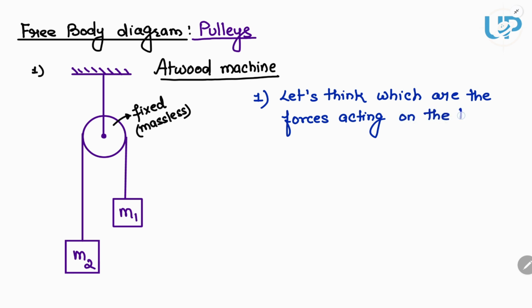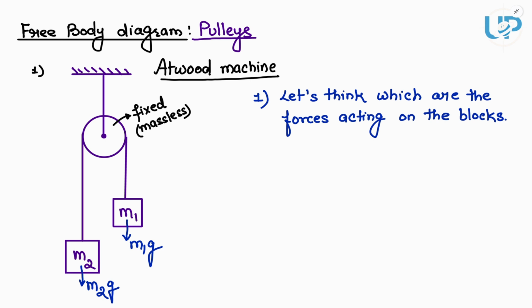So beta, you can easily remember that if the block is hanging in midair or is placed somewhere, there will be a gravitational force acting on the blocks. So the first thing which will come into our mind is the gravitational force acting on both the blocks, and this gravitational force is obviously downward. So to draw the free body diagram, we first place the gravitational force downwards on each block.